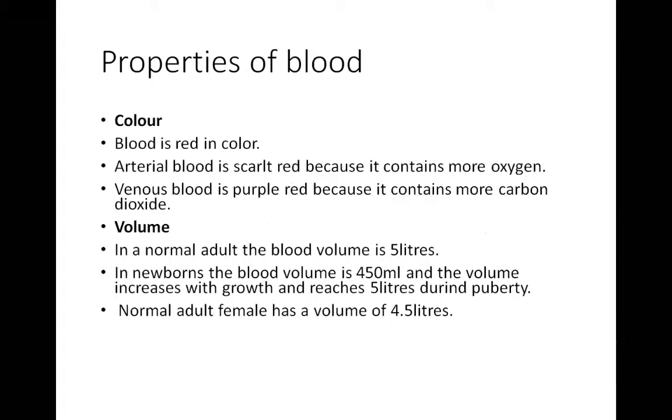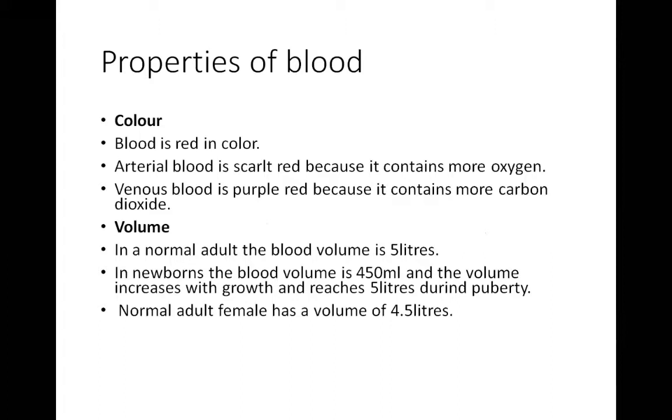So, on the properties of blood, one, you'll see the color. It's red in color. Then, the arterial blood is colored red because it contains more oxygen. Then the venous blood is purple red because it contains carbon dioxide. And the volume, normal adult blood volume is 5 liters.